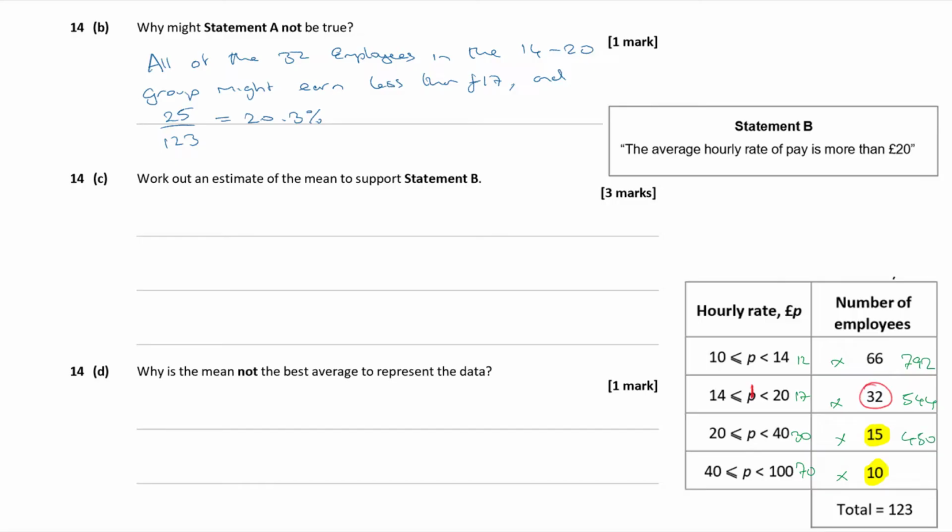And 70 times 10, I can probably do in my head, is 700. So adding those up then, so 450 plus 700 plus 544 plus 792, I make that 2,486. Okay, so that adds up to 2,486.